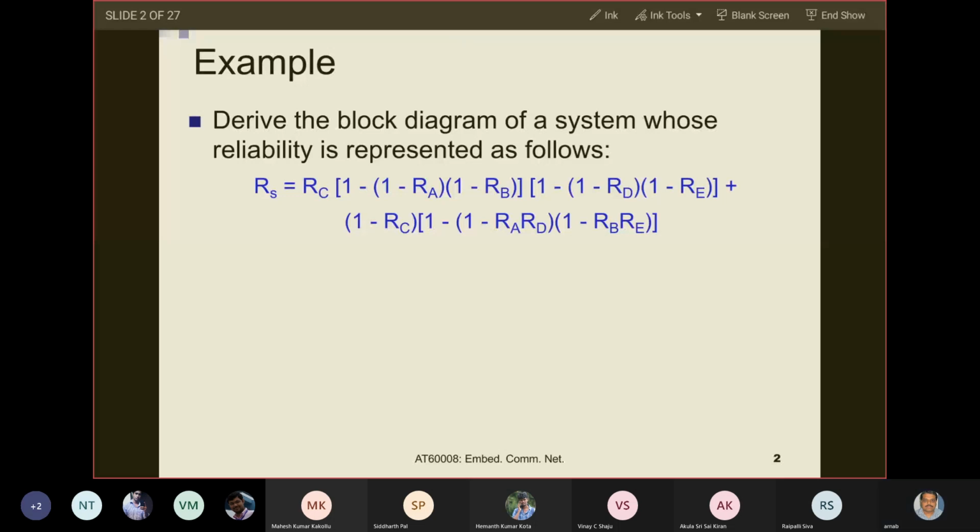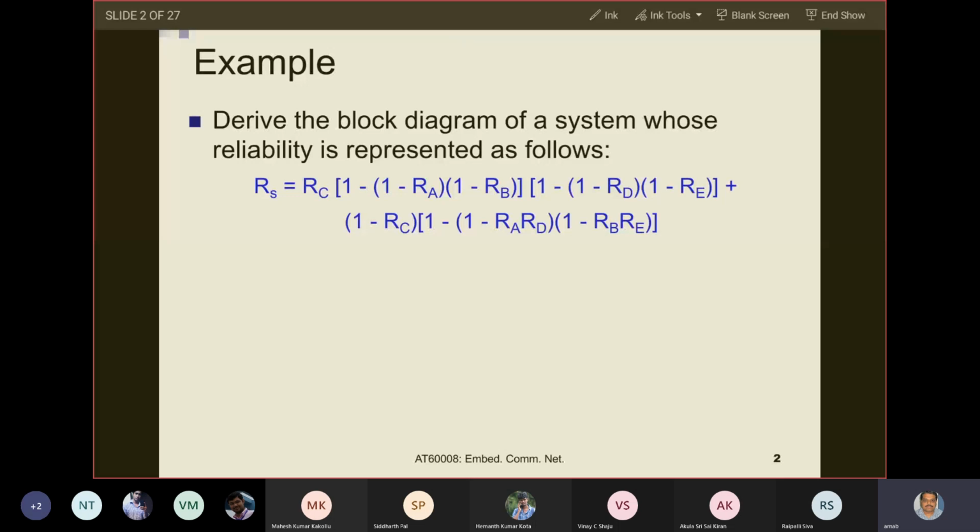So before that, can somebody tell me the effective reliability of a system consisting of two components having reliability R1 and R2, or say both having reliability R, and they are connected in parallel.